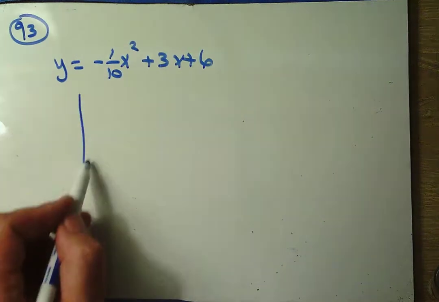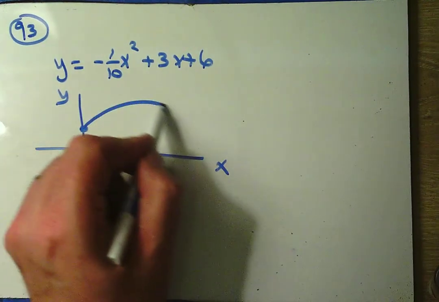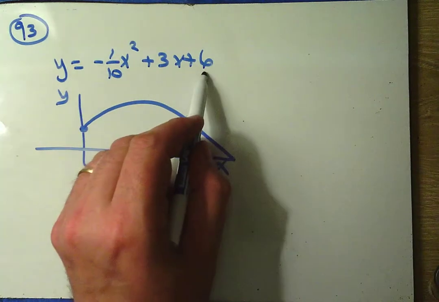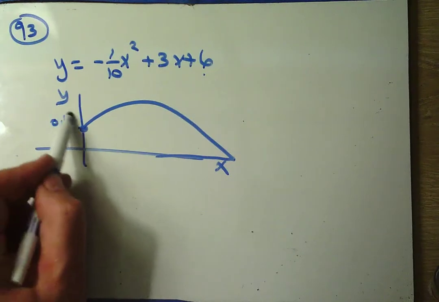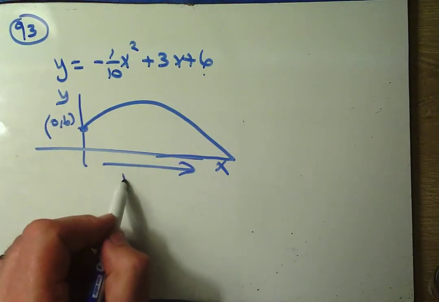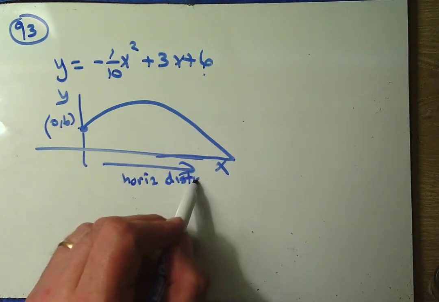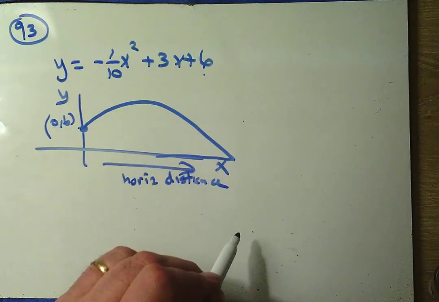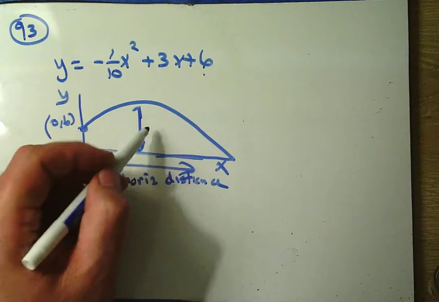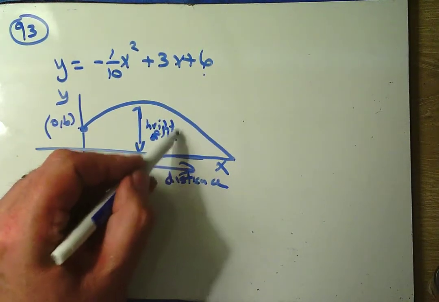And we're told that this is y and this is x, and we know we've got a downturned parabola here with a y-intercept of 6. Okay, this x represents the horizontal distance. How far away from you horizontally is the baseball? These values represent the height of the ball.